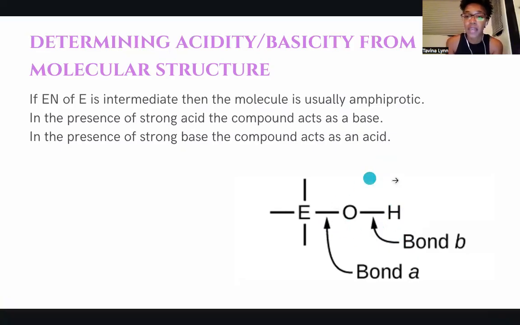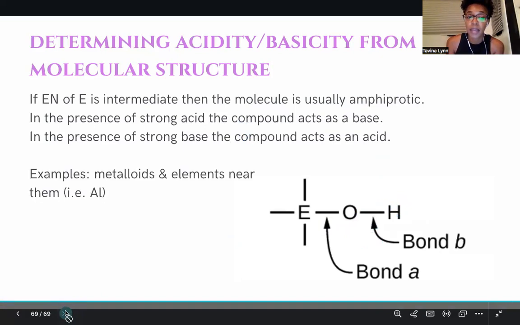So it basically can release both hydroxyl groups or H plus ions, just depending on if it is in a strong acid or a strong base. And as I mentioned, examples of this are the metalloids or elements that are near them. An example is aluminum.